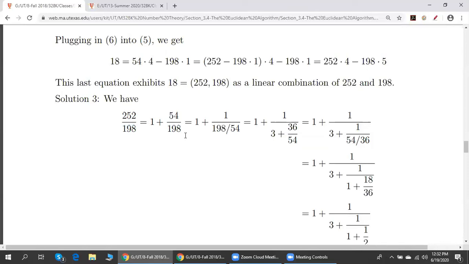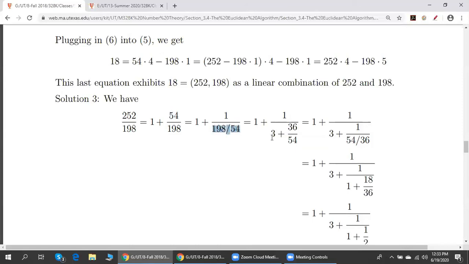Next step. By arithmetic, this is equal to 1 divided by 198 over 54. Observe that since this fraction is proper, this fraction is improper. Keep going.